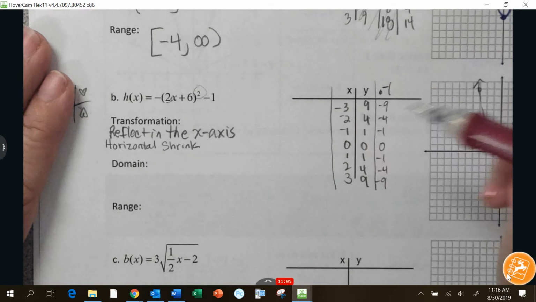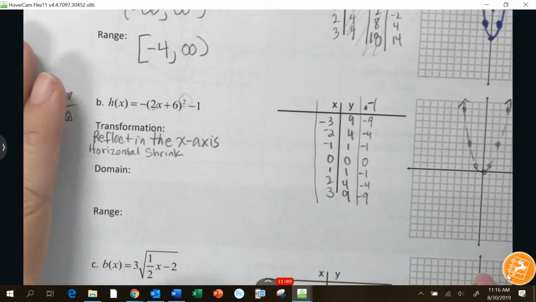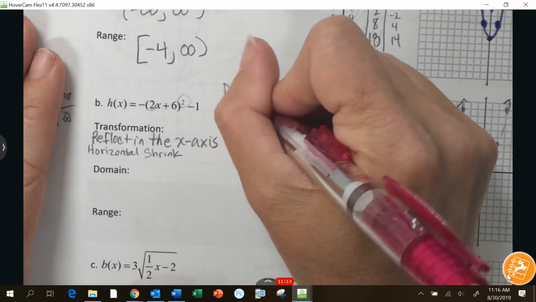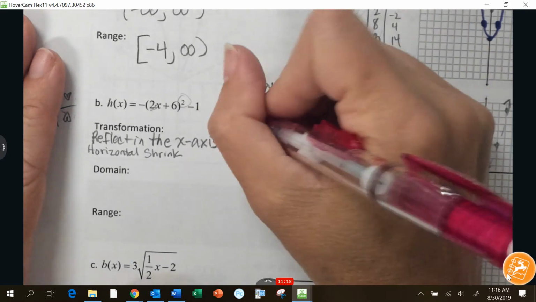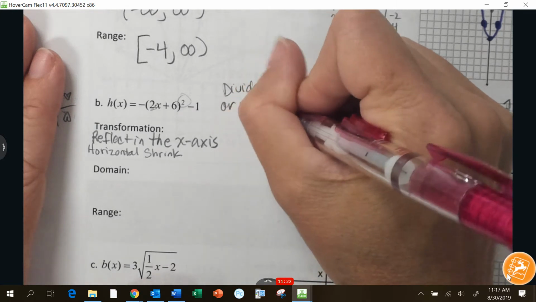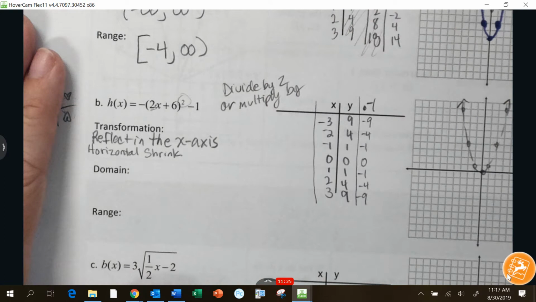But here's the thing. I don't like division all the time. Sometimes it's okay. But it's not always that friendly. So instead of dividing by a number, we can multiply by something. So instead of dividing by 2, you can multiply by, what is that thing called? The reciprocal.